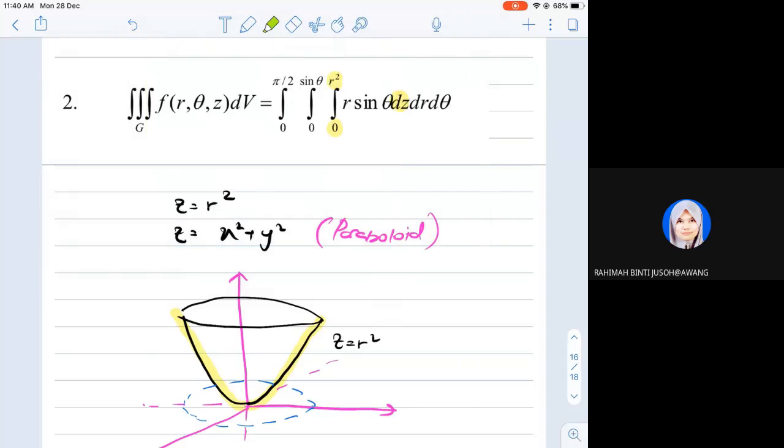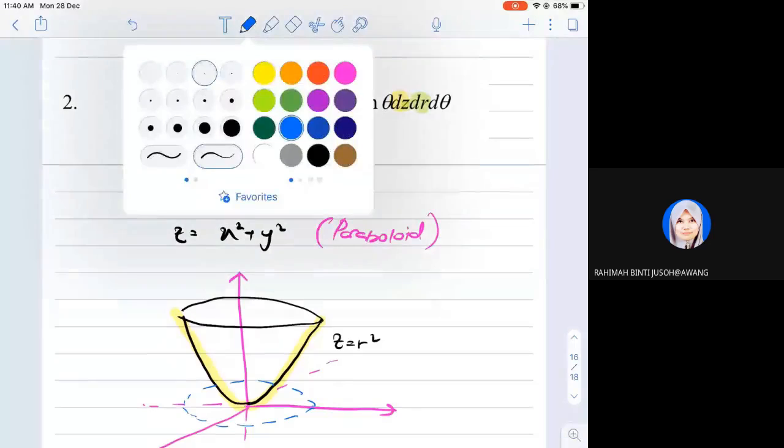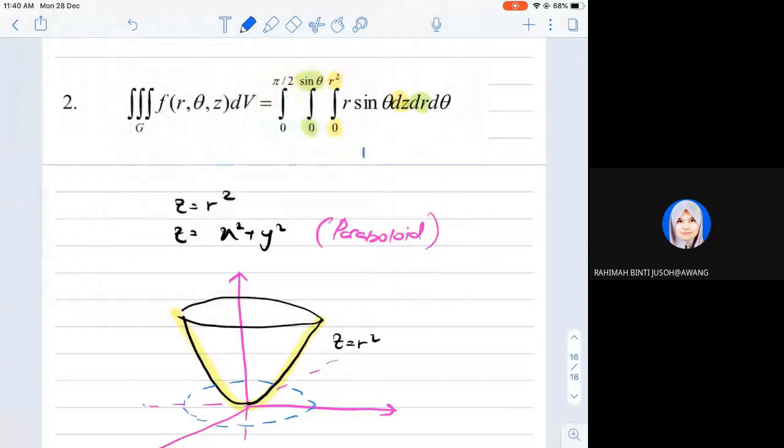However, guys, your limit of r, okay, the limit of r is from 0 until sine theta. Okay, r equals to sine theta. And then the limit of angle is from 0 until pi over 2. So theta is from 0 until pi over 2.